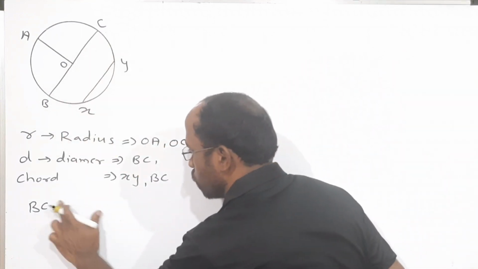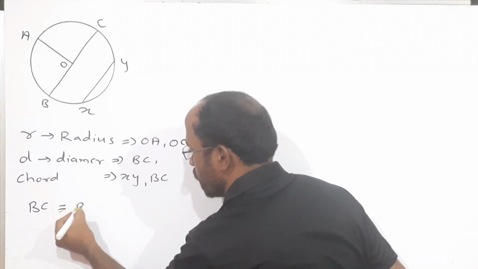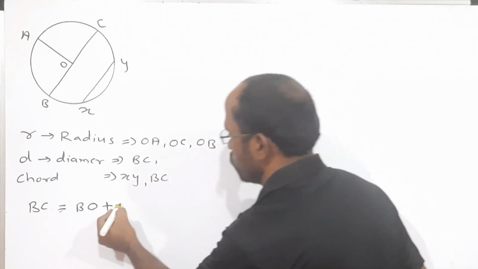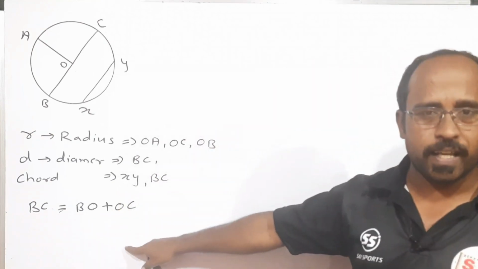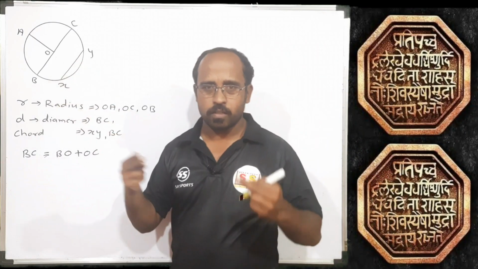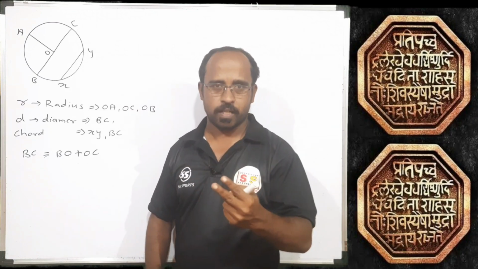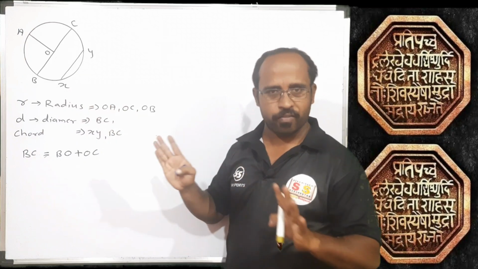So BC actually is equal to addition of two radii, BO plus OC, means we can say BC is nothing but addition of two radii, means BC is twice of the radius, and it is true for every diameter.